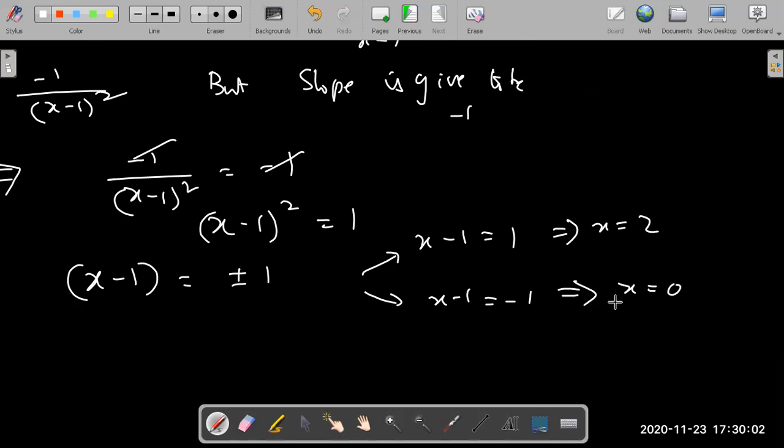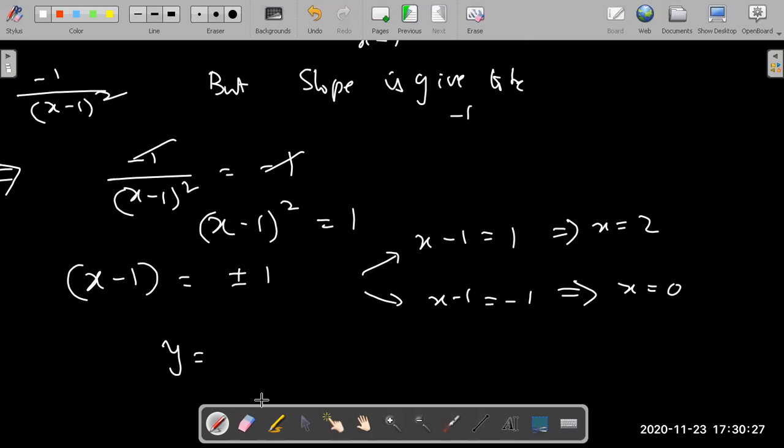So one of them has x equal to 2, the other one x equal to 0. For example, if I have x equal to 2, then I need the equation of all the lines having a slope minus 1.